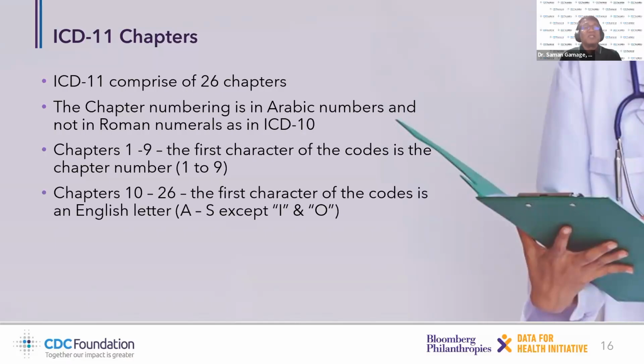For chapters 10 to 26, the first character of the codes is an English letter from A to S, but there are two exceptions, I and O. Letter I and letter O are not used in ICD-11. X is the first character in extension codes.